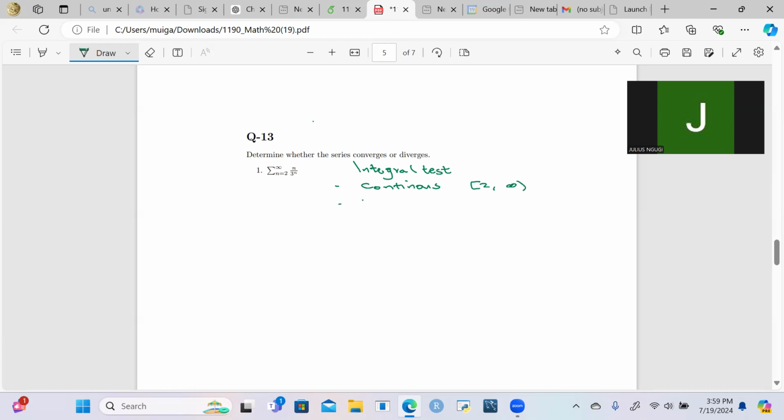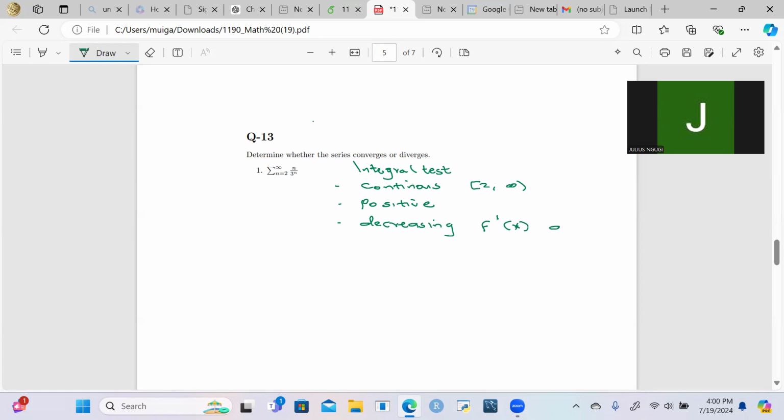This function is positive from 2 onwards. And this function is decreasing, because you can check by finding the derivative f prime and letting n equal x.